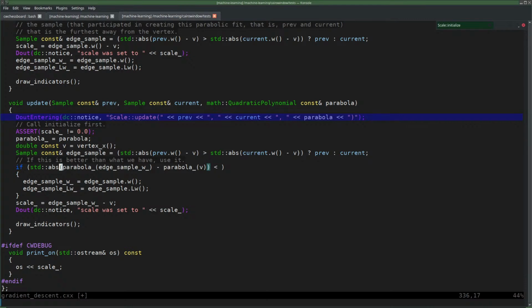I think absolute value is faster than division, though. Let's do two absolute values. Okay, so let's begin with that one then. Or I need this one as well. No, what? This is parabola at example W minus the value at V. Okay, I need that as well, I think. Something is less than 10% of that value.